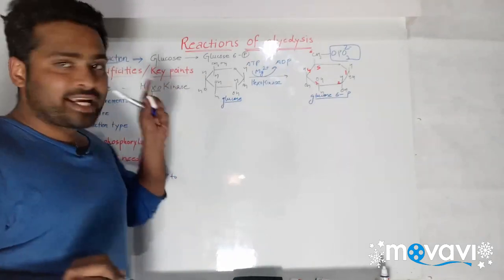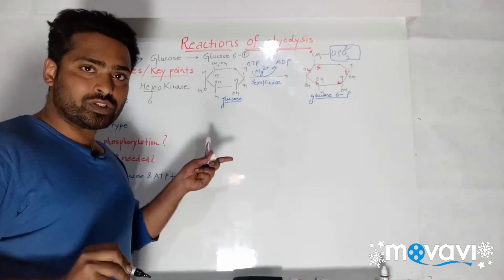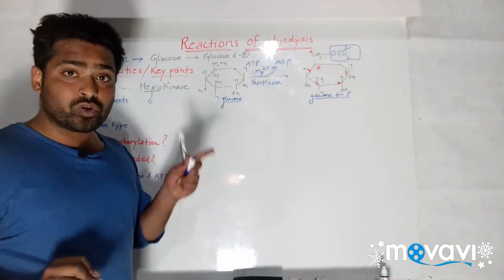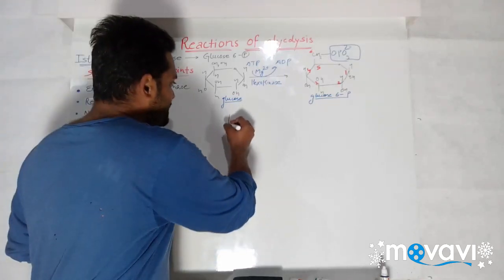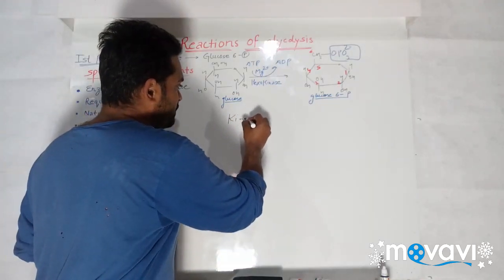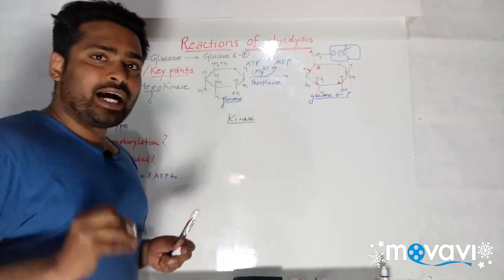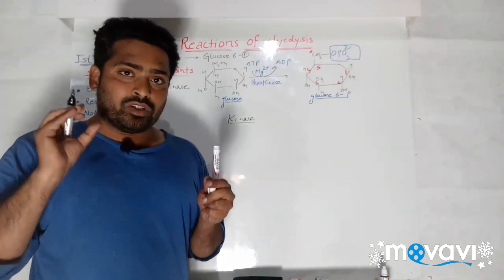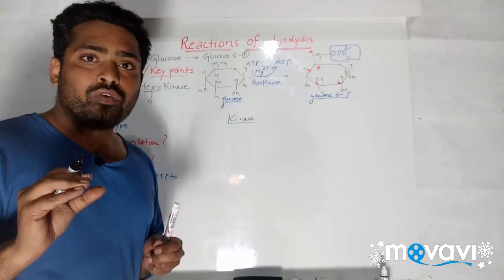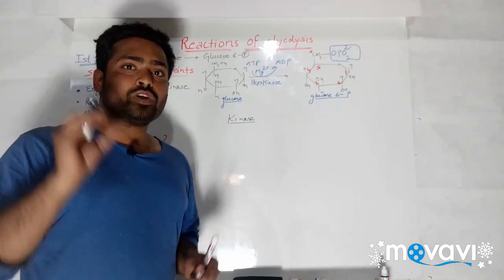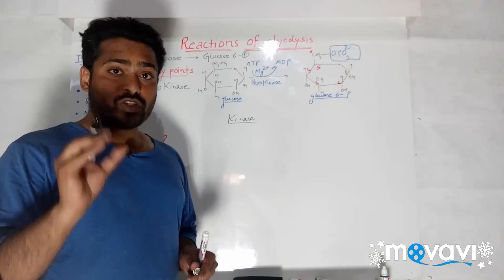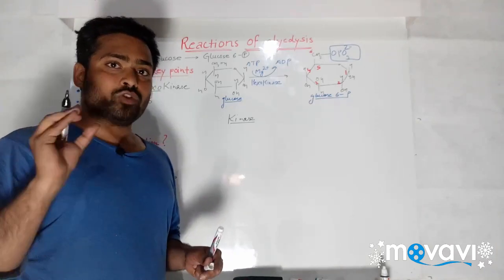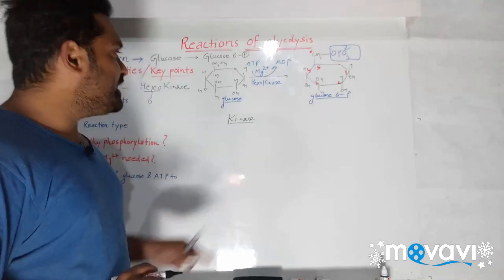So the enzyme acting on the sugar glucose is kinase, hexokinase. So what is a kinase enzyme? Kinase is the enzyme that catalyzes the transfer of terminal phosphoryl groups. So the enzymes that catalyze the transfer of terminal phosphoryl groups are called kinases.